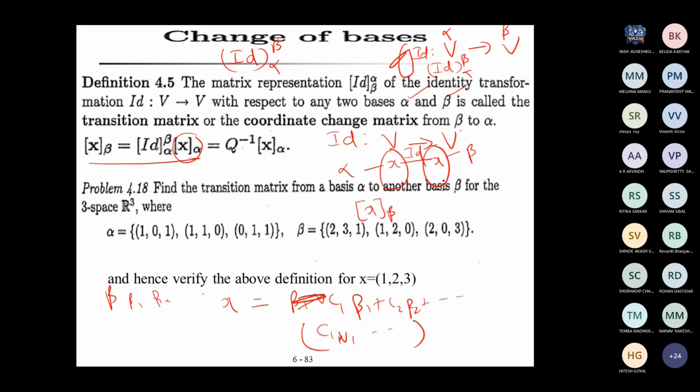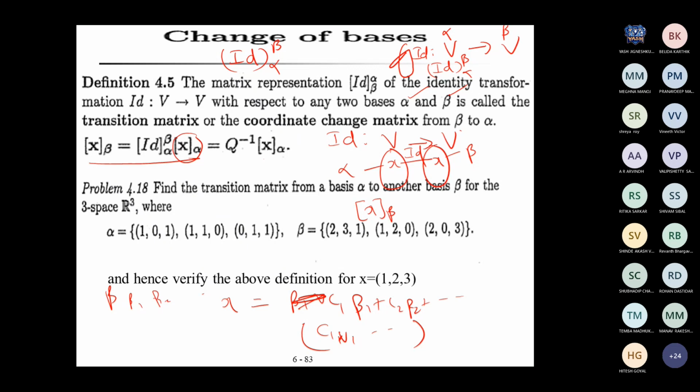Okay. So now tell me, what was the question I raised? How many bases does a finite dimensional vector space have? Infinitely many, right? But we usually stick to the standard basis, or sometimes they may give you another basis also.